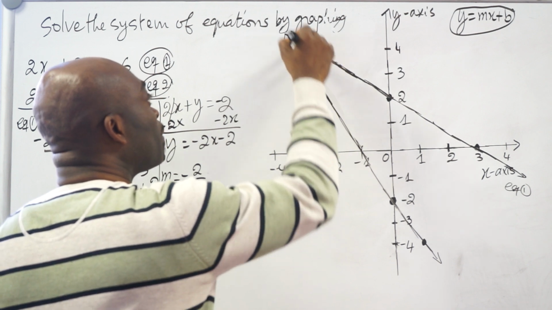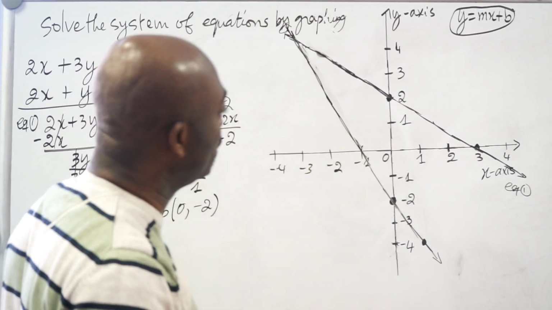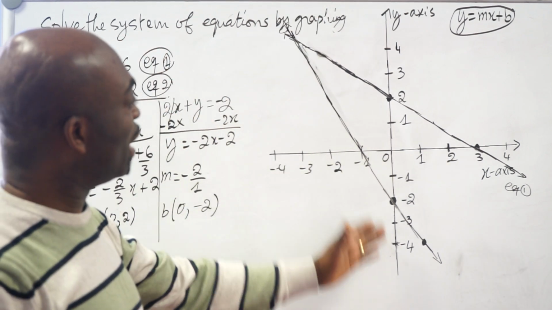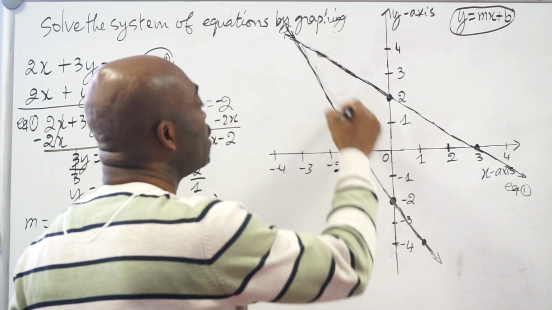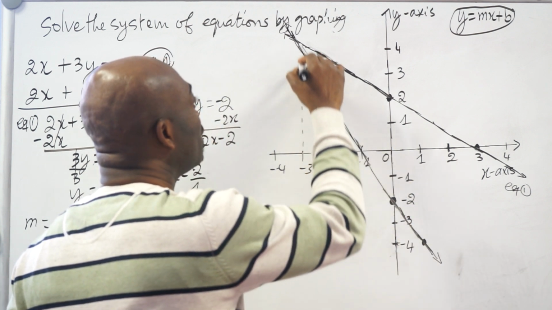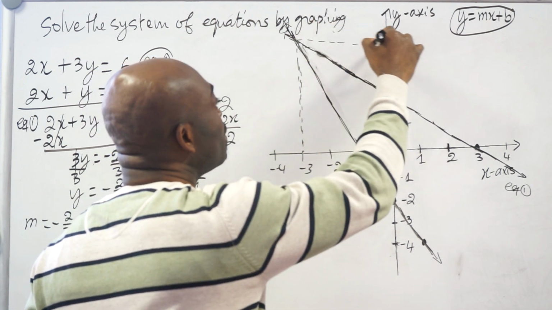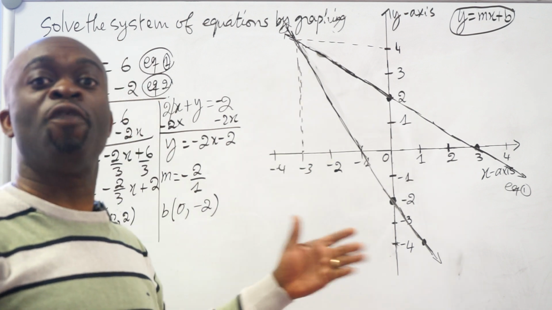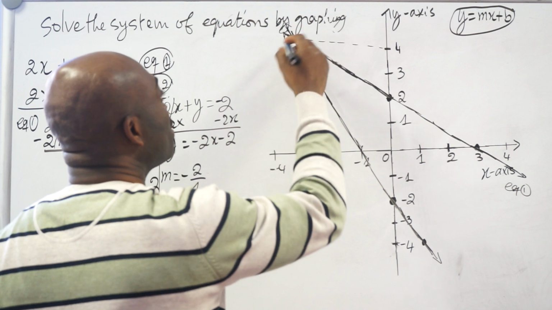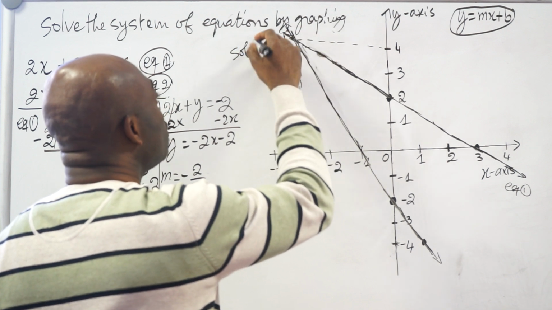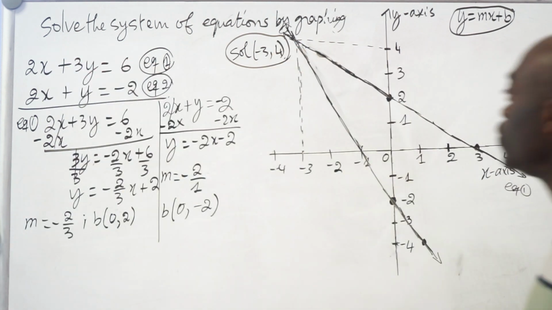Okay, so we have our second line going this way. If you look at it, this is negative 3, and this is positive 4. So that's where both of them meet. And as both of them meet there, this will be your solution. So our solution here is negative 3, positive 4. That's why those two connect.